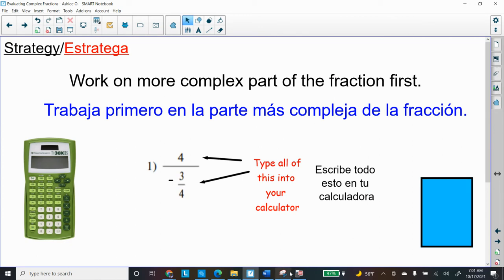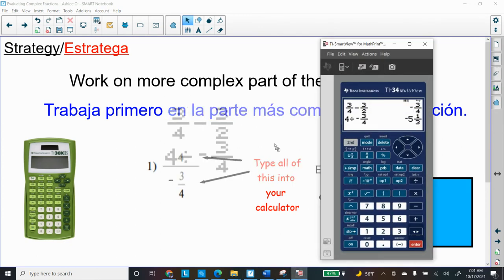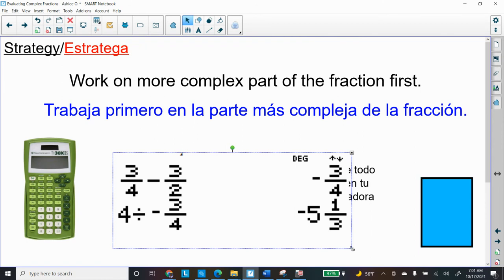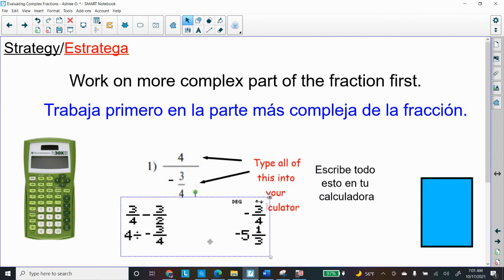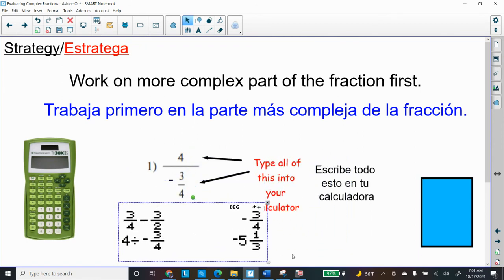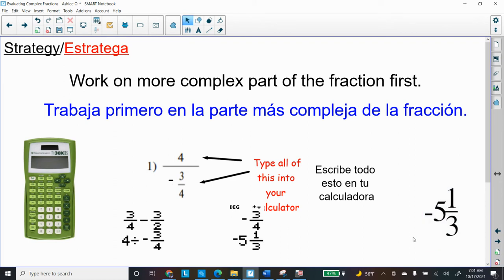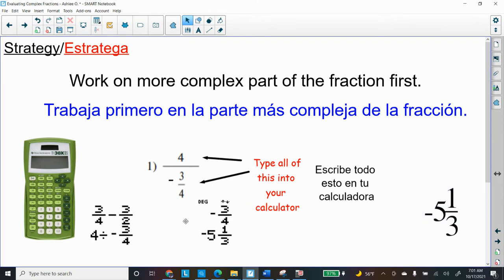And let me take that out, as a matter of fact. Put that over here. So I typed all of that into my calculator. So I should get negative 5 1/3. So that's what you've got to do in dealing with it. This Texas Instrument calculator is pretty good in dealing with it. Decimals is also pretty good as well.